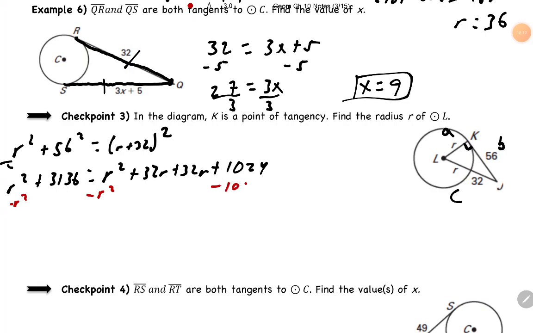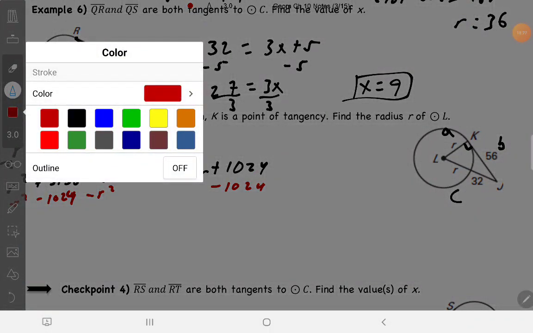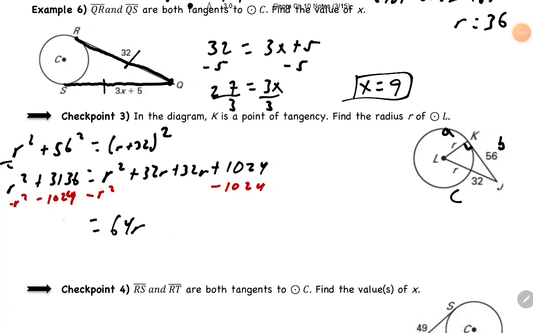And then I'm going to move the 1,024 over to the left side. On the right side, I have 32r plus 32r, so that's 64r. On the left side, 3,136 minus 1,024 is 2,112. Okay, 64 goes into that 33 times. And that's my radius, 33 units.